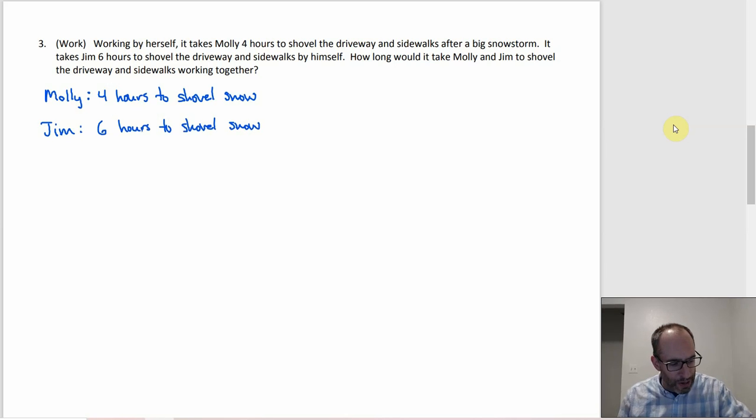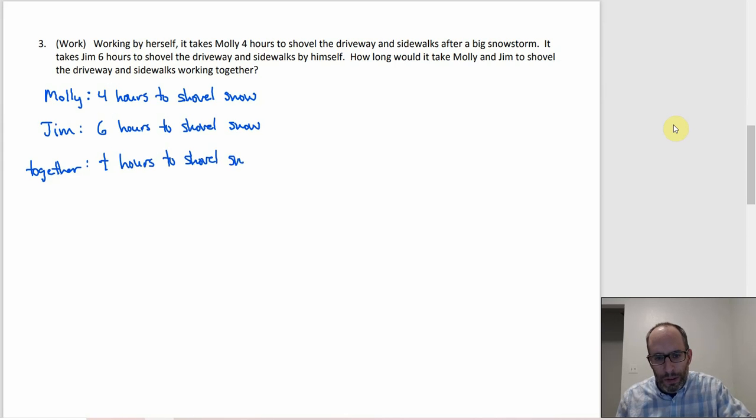And then the other part would be, what if they work together? We don't know what that is, so I guess we need a variable like an x or a t or something. I'm going to use a t since it's time. So I'm going to say t hours to shovel snow.